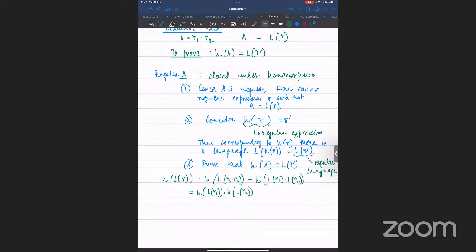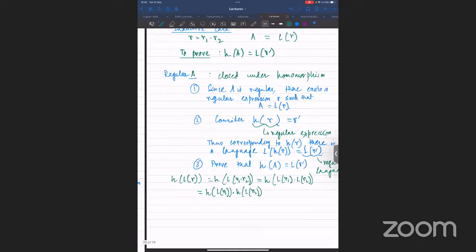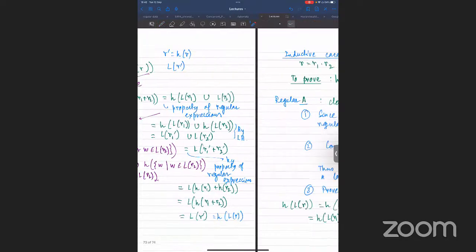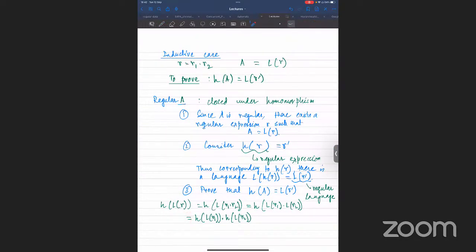Right? So this you can do. And for this step, you would need something of this kind to formally prove it. So this needs a short proof, but it is easy. We have seen similar things earlier. And now what? This is equal to what?